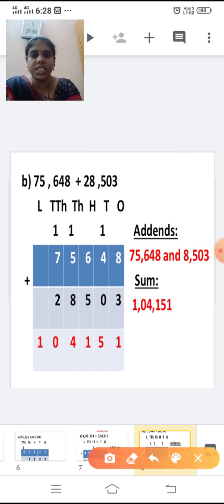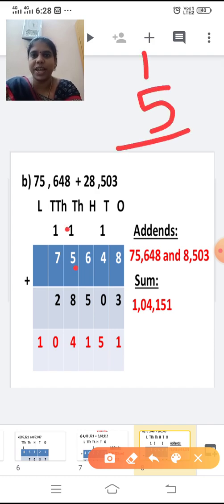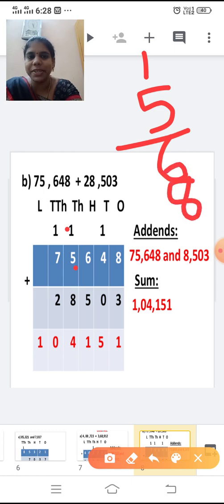Now add the thousands place. 1 plus 5 or 5 plus 1. 1 plus 5 is, after 5 I'm going to add only one number. After 5, 6. With this 6 I'm going to add 8 numbers.